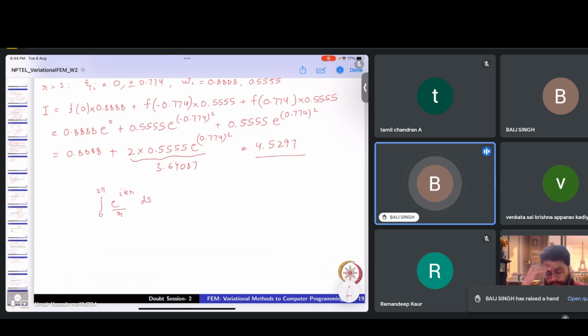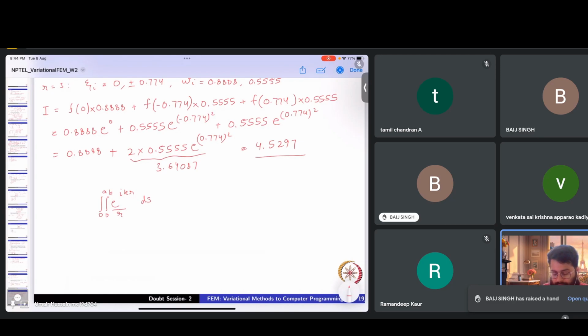The limits will be 0 to a, 0 to b, suppose that I am using a plate. So we'll need to get the variable straight here.